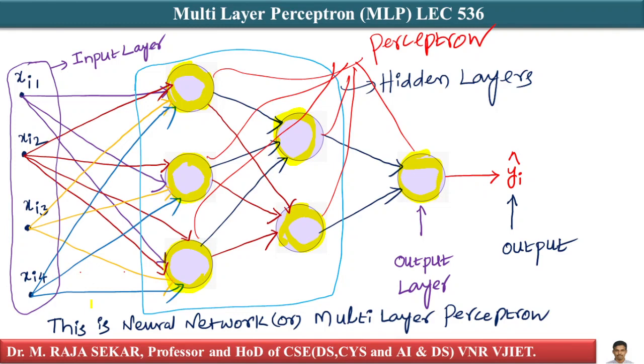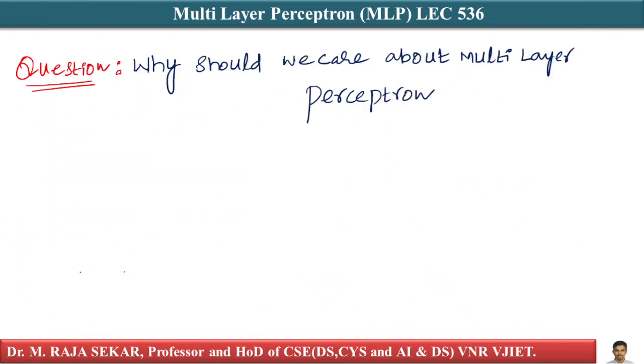Again, there could be a function f here, there could be a function here. These could be the same function or different functions. There are functions being applied here. These are what we already discussed, called hidden layers.